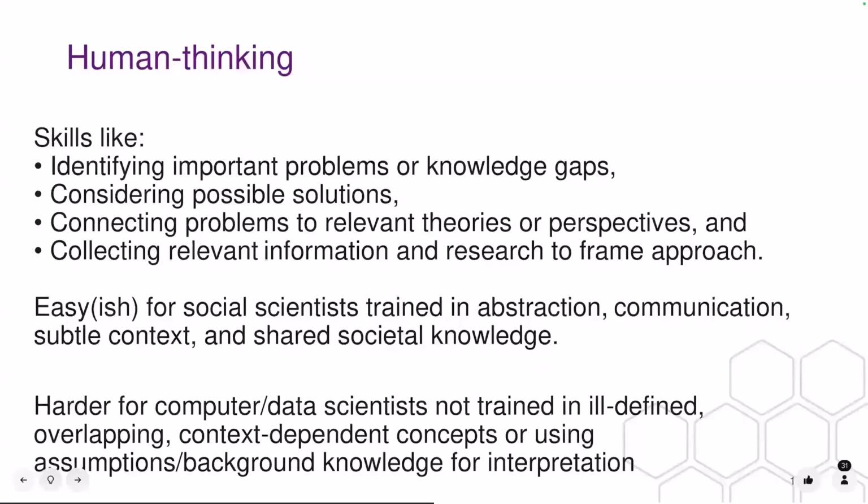So those key social science skills, so being able to identify problems or knowledge gaps, considering possible solutions, connecting problems to relevant theories or perspectives, and being able to collect relevant information and research to frame your approach. And like I said, these are all things that social scientists excel at.